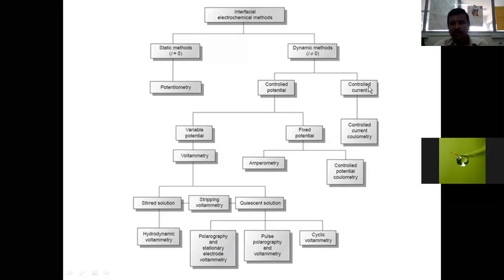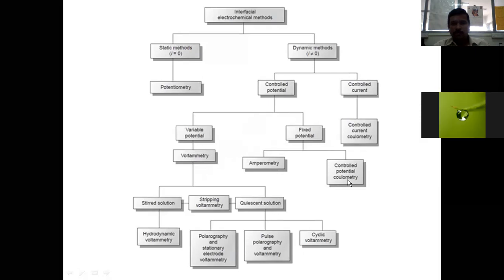Controlled current coulometry is the example for controlled current analysis, and the controlled potential manner is applied either in fixed mode or in variable mode. In fixed mode, amperometric and controlled potential coulometric methods operate, and in variable potential mode, voltammetry is the only technique in which stirred and unstirred states are followed.